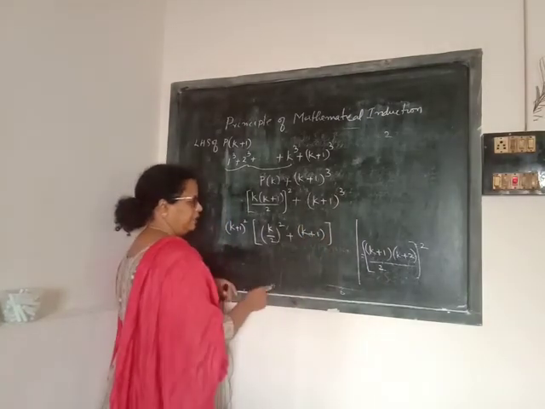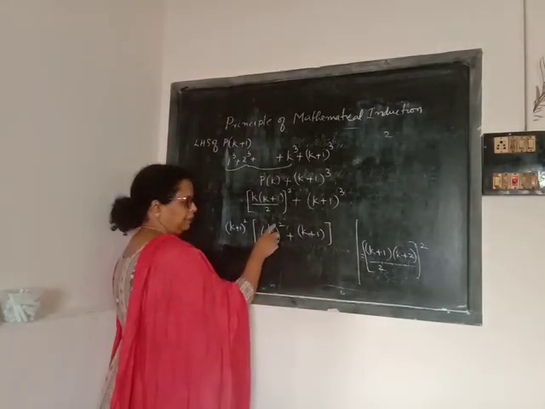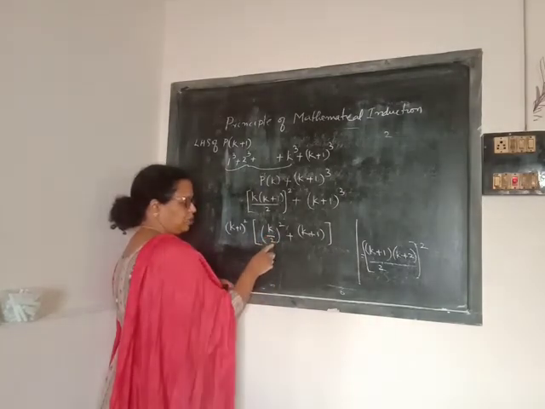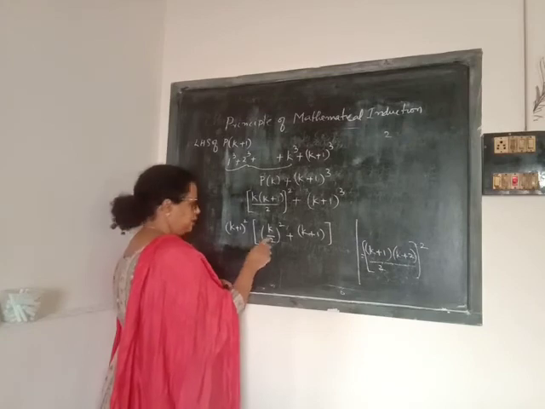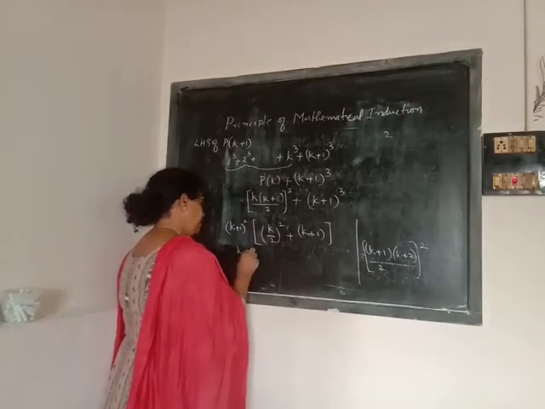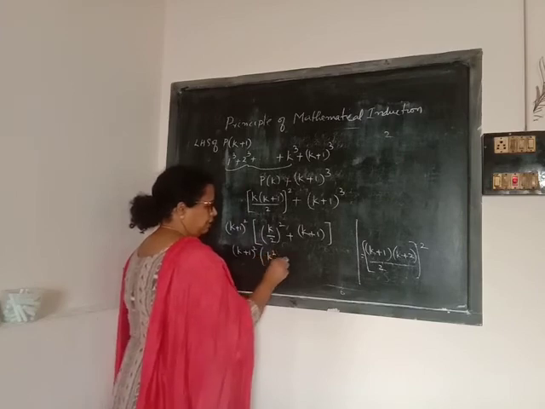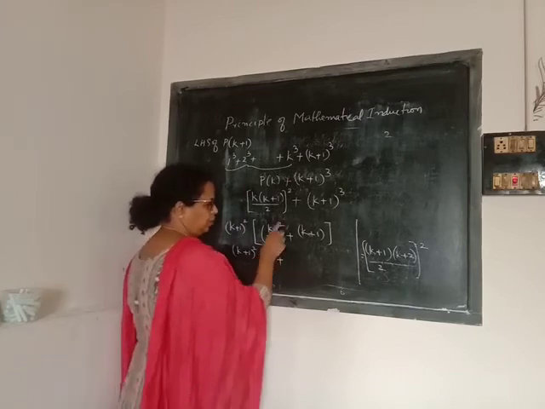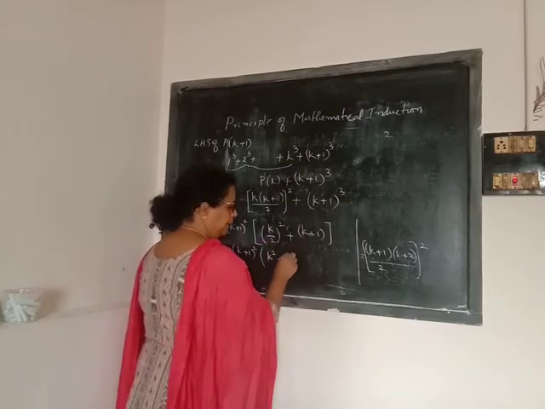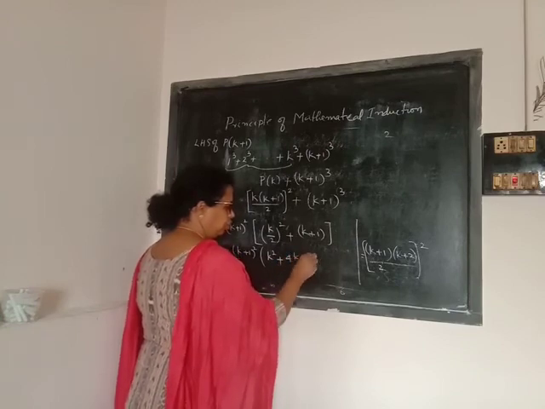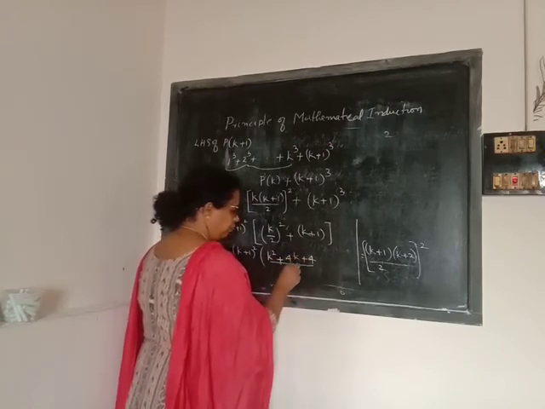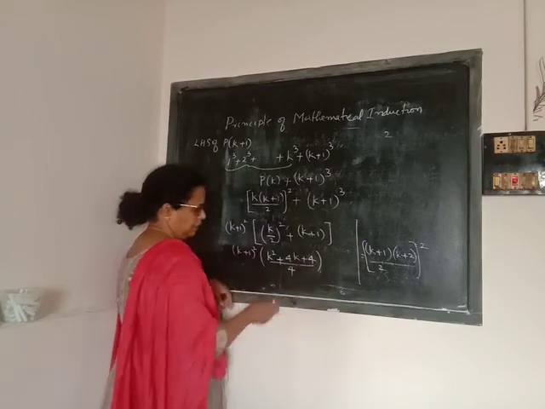Okay, now we take LCM. This is k by 2 whole squared, or it is k squared by 4. K squared by 4, taking LCM, what we will get? It is k squared plus this is 2 squared, so it is 4. So 4k plus 4 divided by 4. This is what?